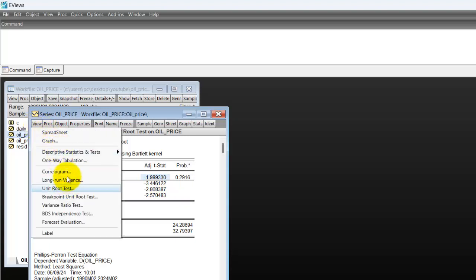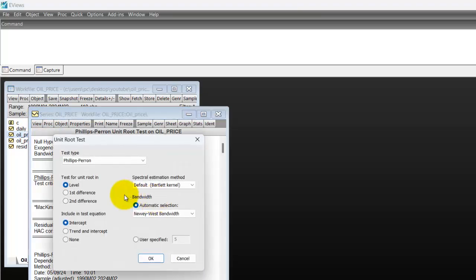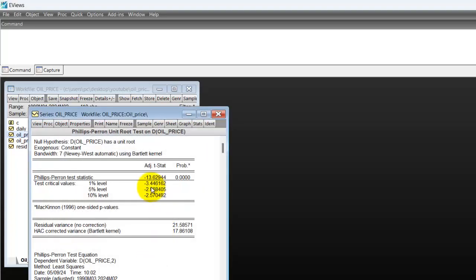What you just need to do is go to view, click unit root test, then here you change it to first difference. Now you click OK, then you have your results. Now for intercept, PP shows that the variable oil price is stationary at first difference. Why? Because the probability value is significant even at 1%.